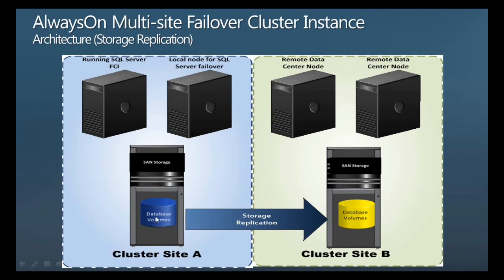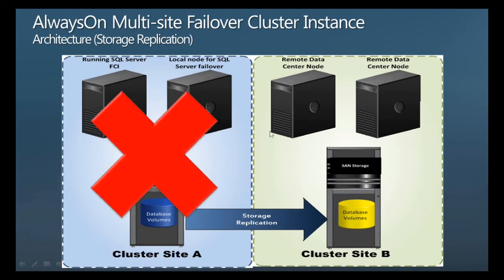And you have a hardware level storage replication from site A to site B. Right now, the active node is this one running the SQL Server failover cluster instance. The local node is passive for the local HA, and the remote nodes are also passive for the disaster recovery. Now let's say a disaster happens.